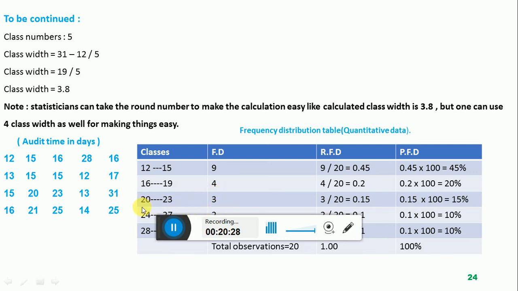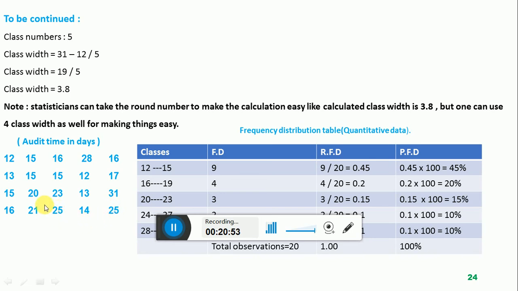Now the frequency of the fourth class, lower limit 24, upper limit 27. We count from the raw data set all those data items which are greater than or equal to 24 and less than or equal to 27. We have two data items, 25 and 25.